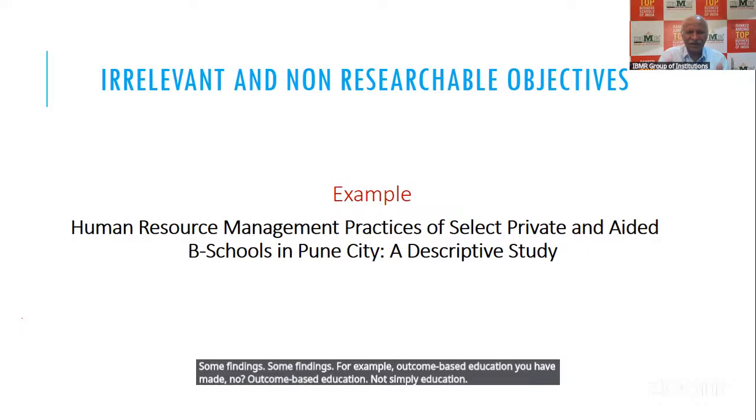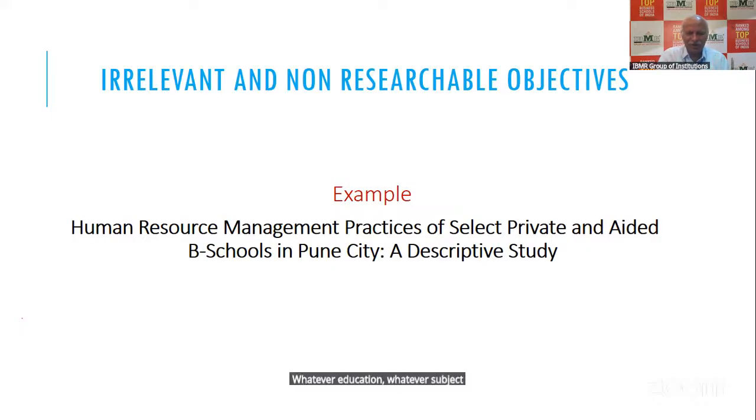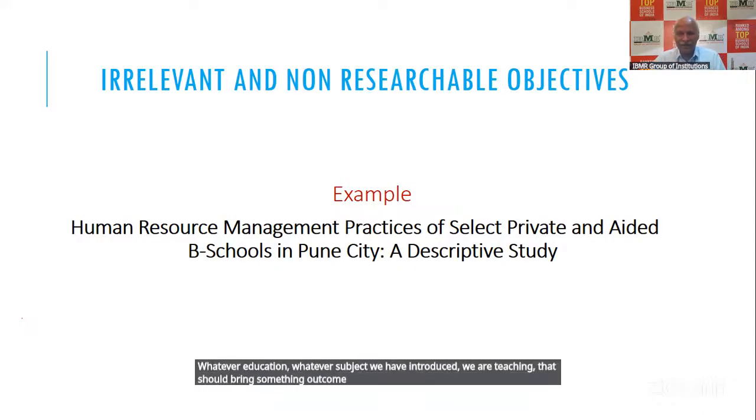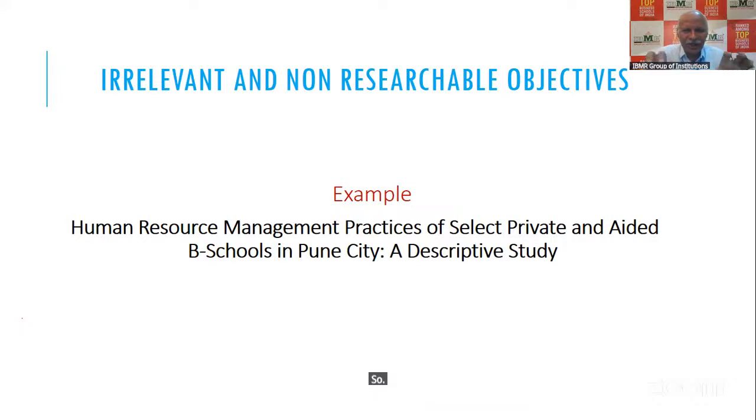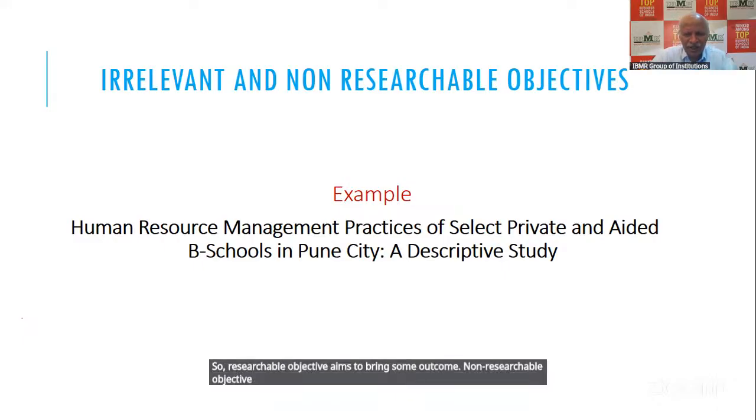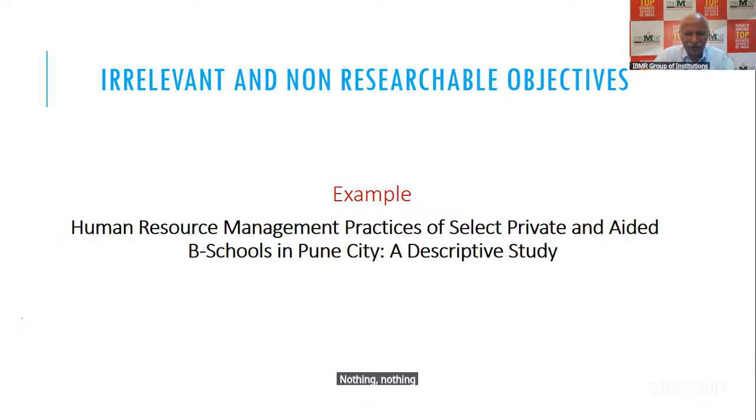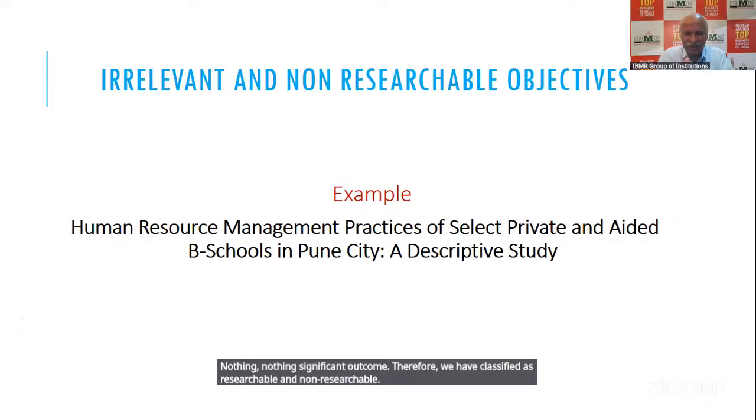Whatever education, whatever subject we have introduced, we are teaching, that should bring some outcome, result oriented. So researchable objective aims to bring some outcome. Non-researchable objective hardly brings any outcome. Nothing significant outcome. Therefore, we have classified as researchable and non-researchable, or relevant and non-researchable objective.